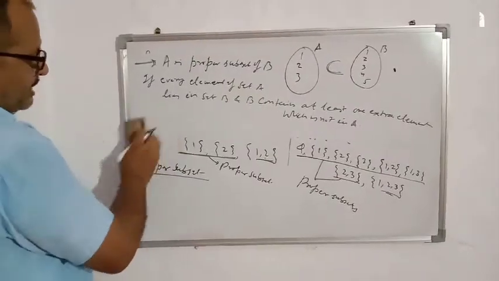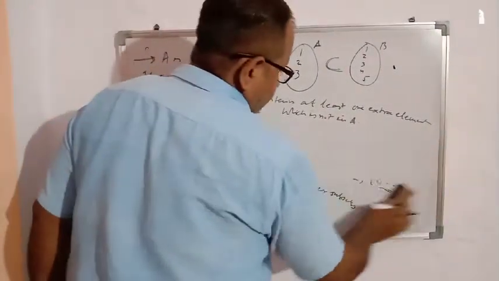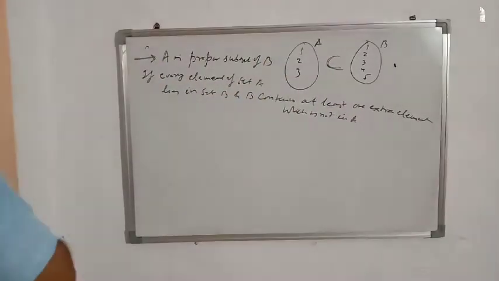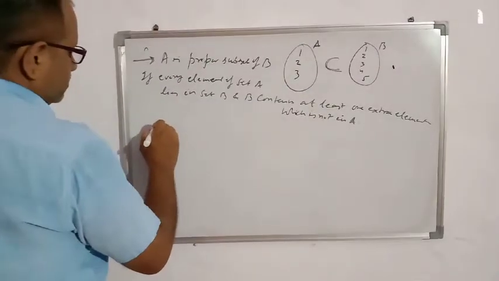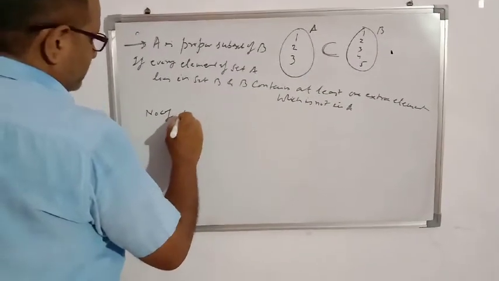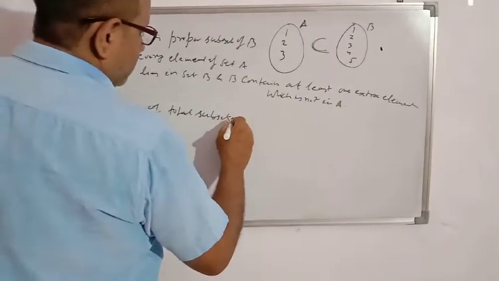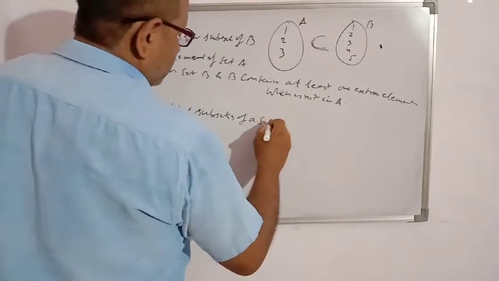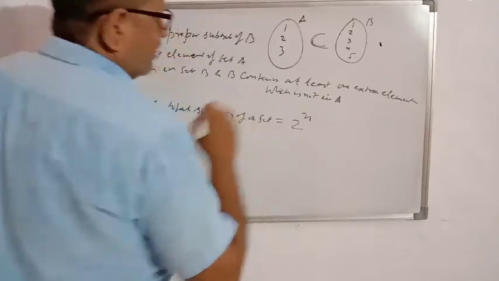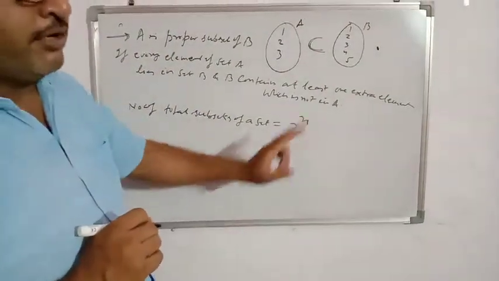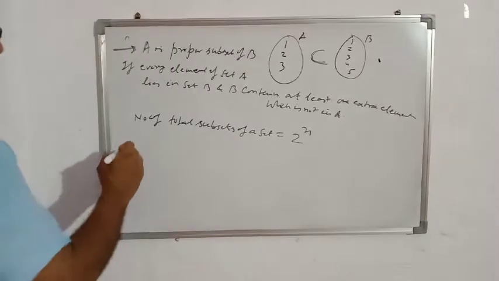So what will be the number of proper subsets? The number of total subsets of a set is equal to 2 to the power n, where n is the number of members, the number of elements.